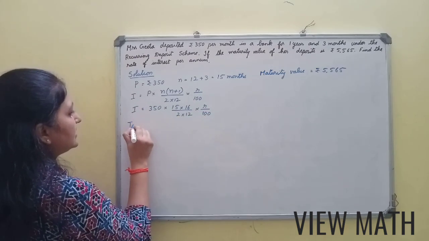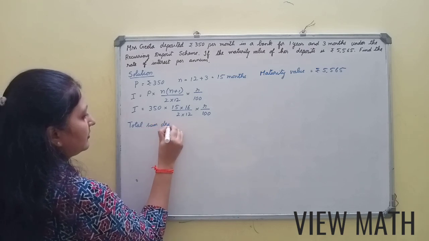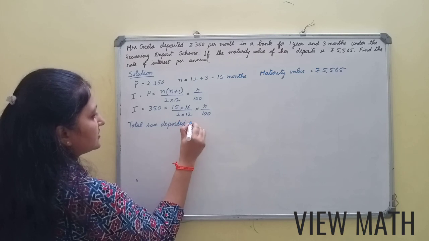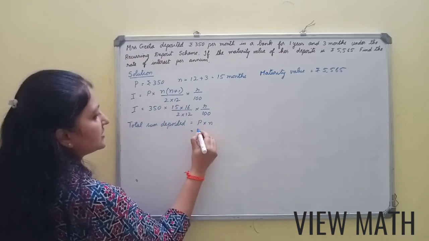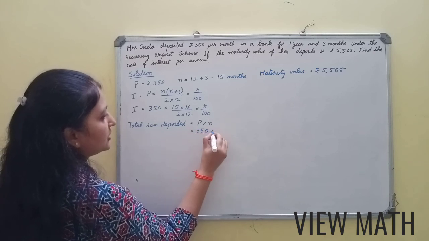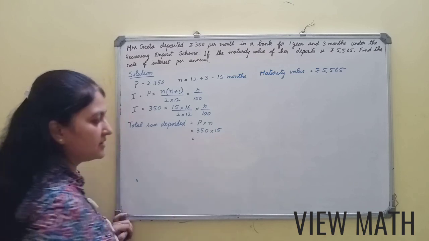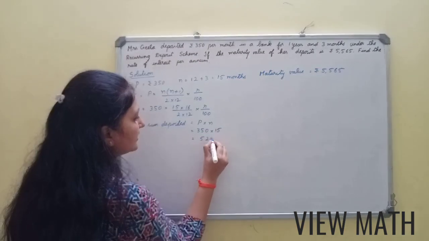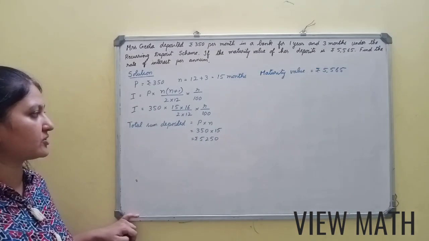Next, total sum deposited. Total sum deposited is equal to P into N. P value is 350 into N, 15. So let me give the answer. You can do the calculation. 5,250. This is the total sum deposited.